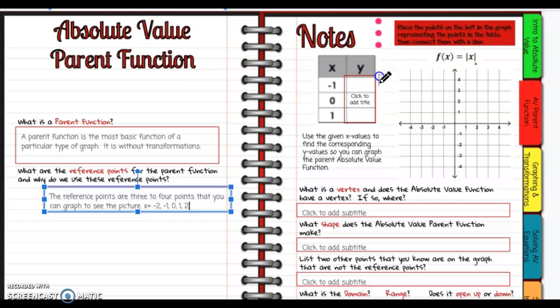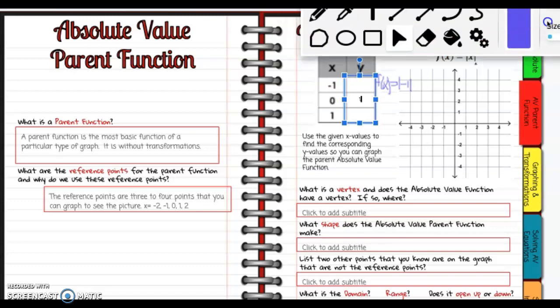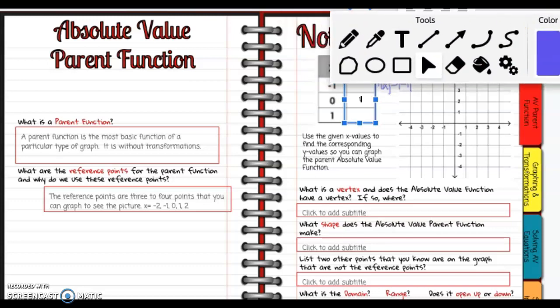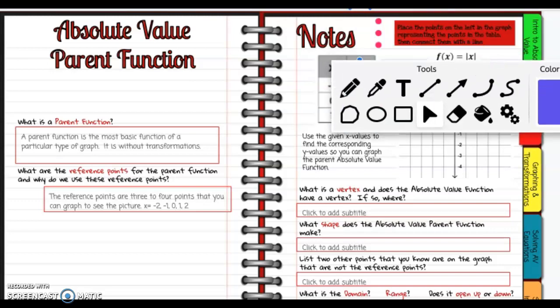So I'm going to do f of x, and if I'm plugging in that -1, then I'm just going to take the absolute value of -1. Well, the absolute value of -1 is 1, and so therefore my y value when it's -1 is 1. Right now it's center justified, so let me just go ahead and move that up so that we can see it.